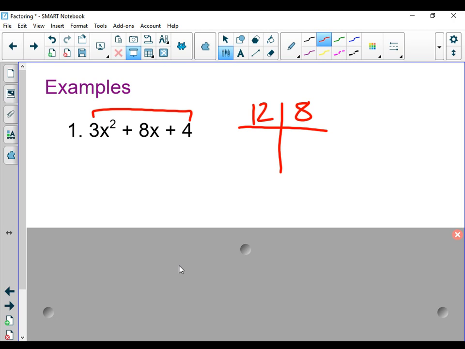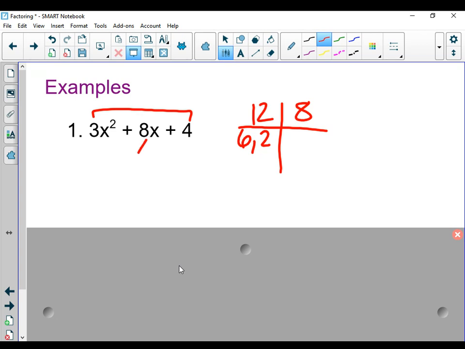So please, please, please, even though the shortcut is nice, don't fall victim to using it every time. So when we find our 2 factors, like we said, 6 and 2, we're going to use those to bust apart the middle piece.